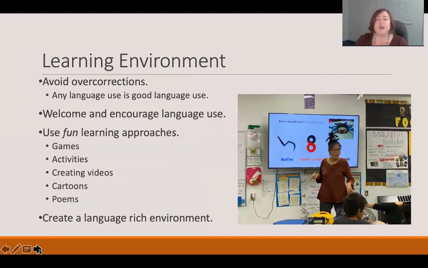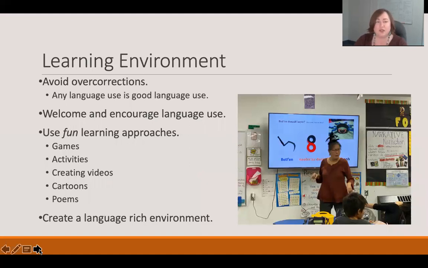So then we also, again, want to go back to this idea of creating a language-rich environment. One of the things that we really want to avoid doing is correcting learners. It doesn't work very well. I mean, if you think about the 3-year-old who says, remember when we goed to the store yesterday, we goed to the store, and the parent says, yes, we went to the store.